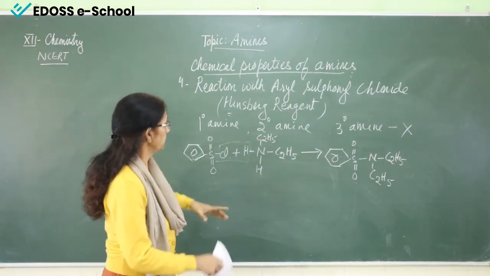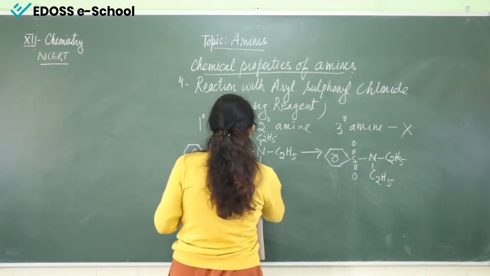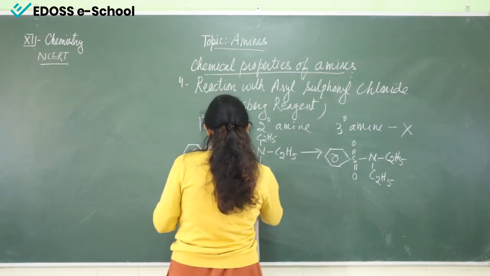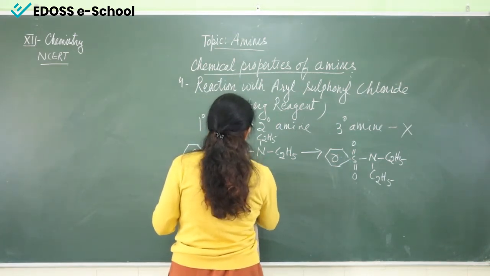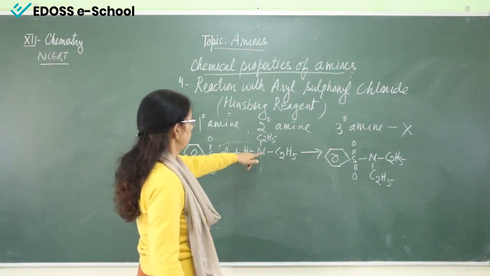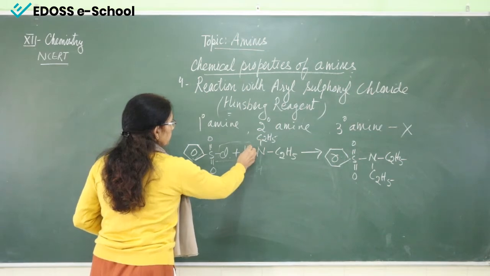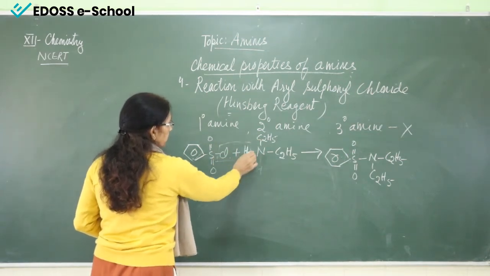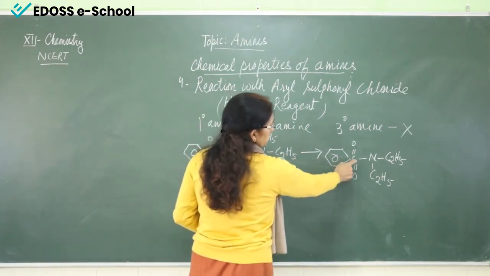So what is happening here? Now you can see here, this is C2H5 NH2, NH. So this Cl is given out and this nitrogen will attach with sulfur here.